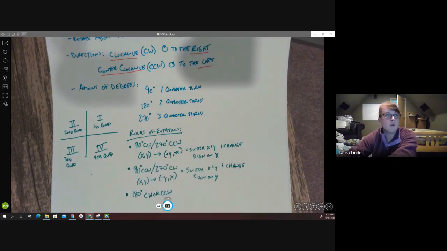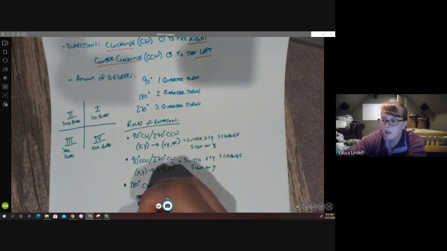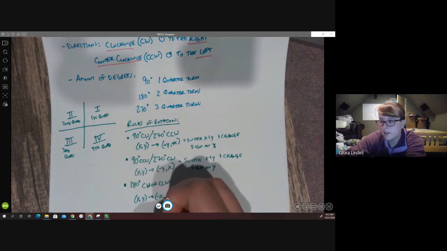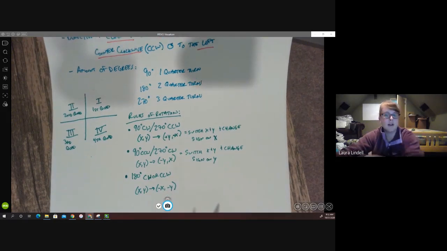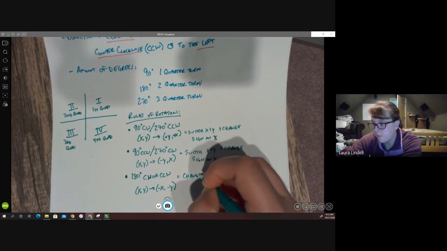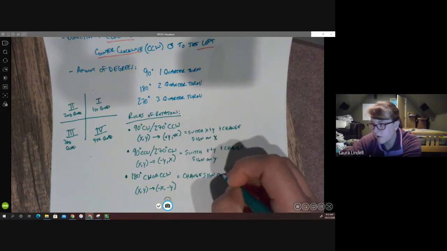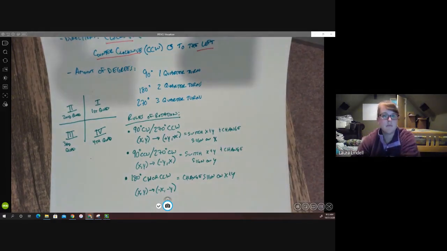We go from x, y to negative x, negative y. It's probably the easiest one. All you have to do is change the sign on both of your values. Okay. Give everyone a moment to get those written down, and we'll do a couple of examples.